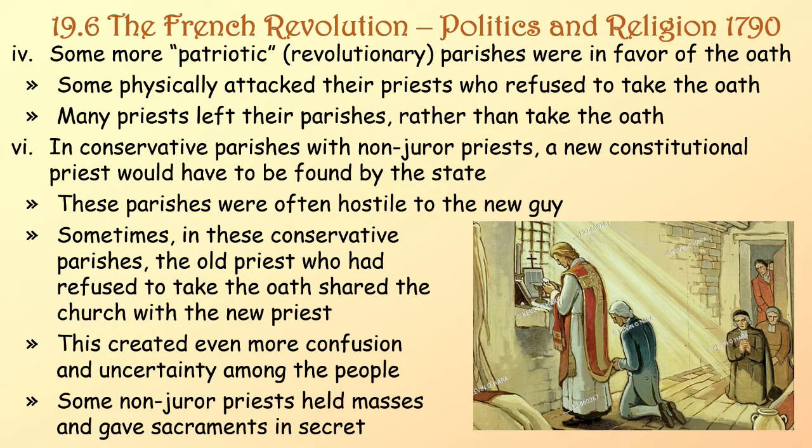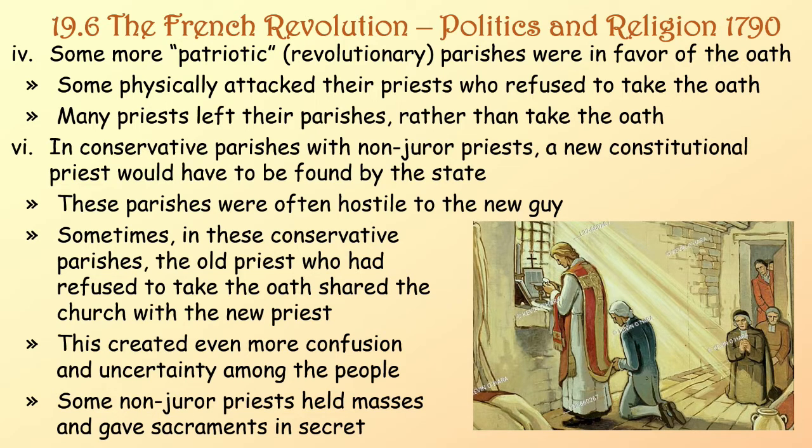Some more patriotic, more revolutionary parishes were in favor of the oath. Some physically attacked their priests who refused to take the oath. Many priests left their parishes rather than take the oath. In conservative parishes with non-juror priests, a new constitutional priest would have to be found by the state, and these parishes were often hostile to the new guy.